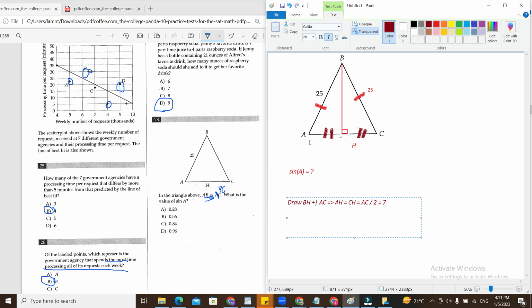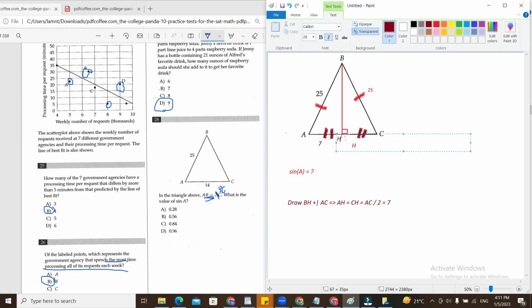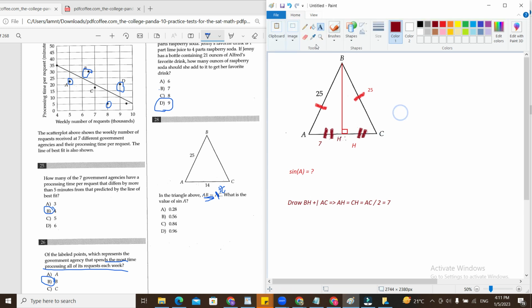Because AC is 14, so it's 7 here. So H is here. Let's delete this. Now they ask for sine of A.